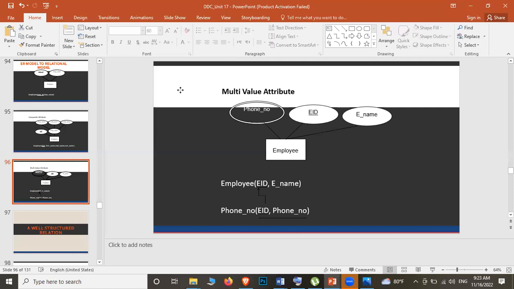There are 2, 3, 4, 5 slides. I'll quickly tell you about them. I won't take much time because we have to learn about normalization.